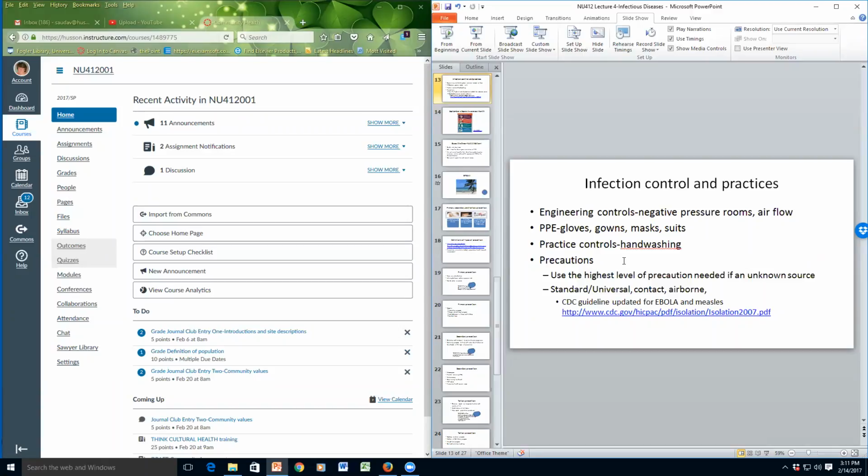Many of you have probably had experiences in clinical where you had to practice precautions with your resident or your patient. And there's a variety of different precautions that we are able to use. Standard precautions, one of the basic pieces of healthcare today.